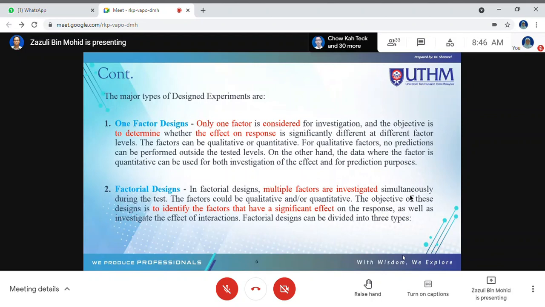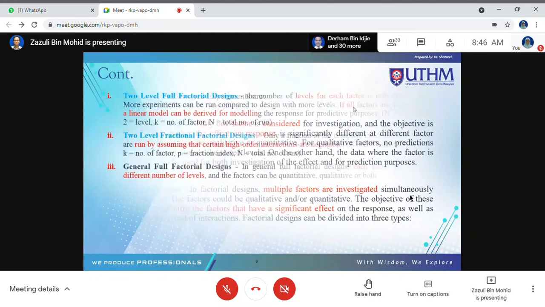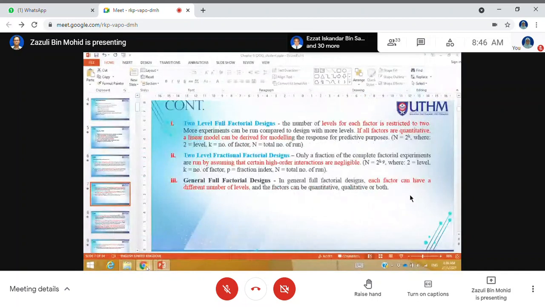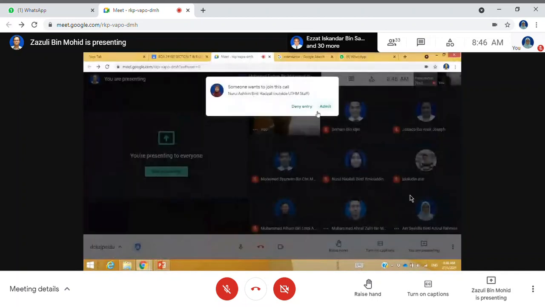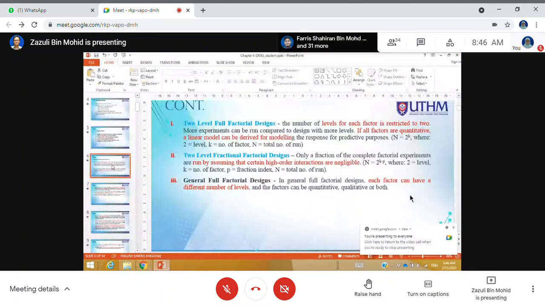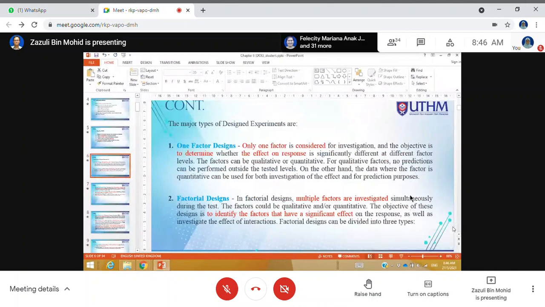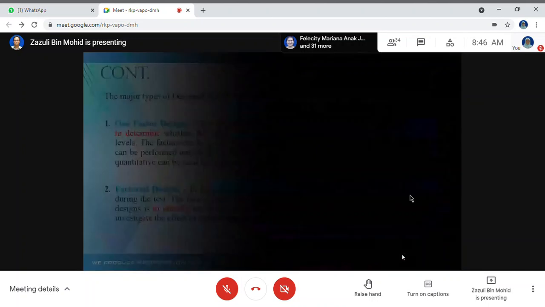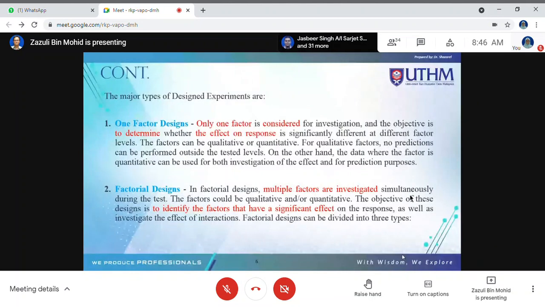The first one is one factor design. One factor design is considered for investigation, and the objective is to determine whether the effect on response is significantly different at different factor levels.